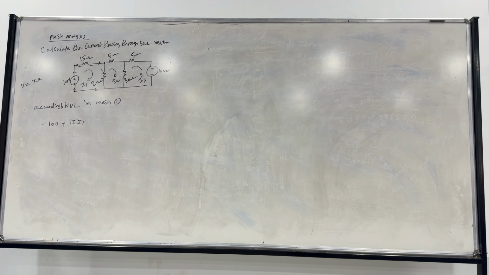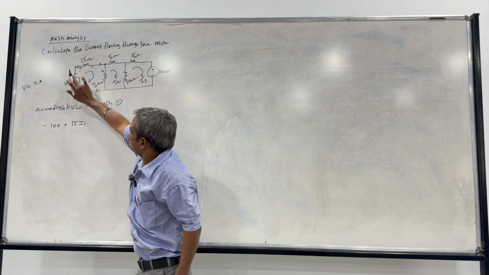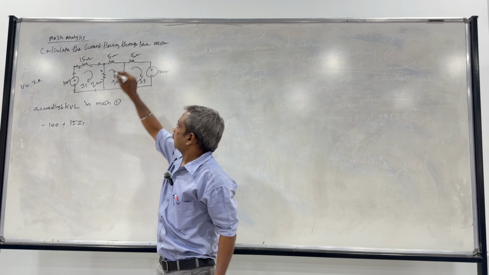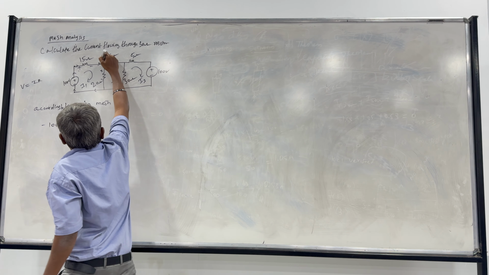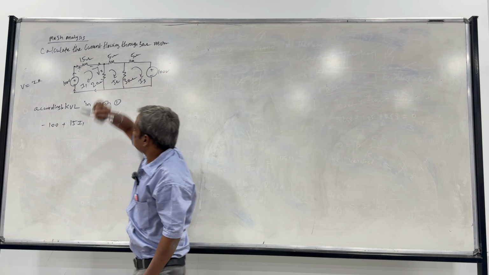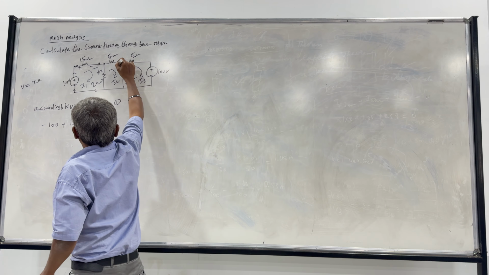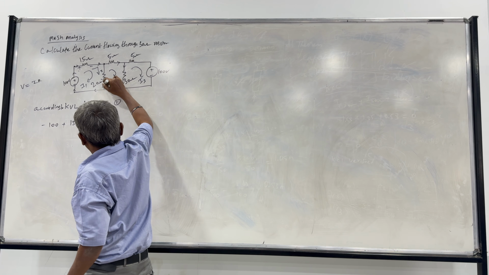Any doubt? And coming to 20 ohm, this 20 ohm is common for mesh 1 and mesh 2. Current I1 is flowing, current I2 is also flowing. Current I1 is entering at the top of the 20 ohm resistor, because this is the clockwise direction. And I2 is also flowing in clockwise direction only.